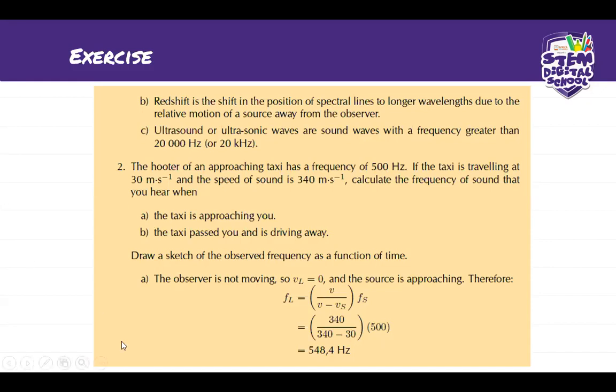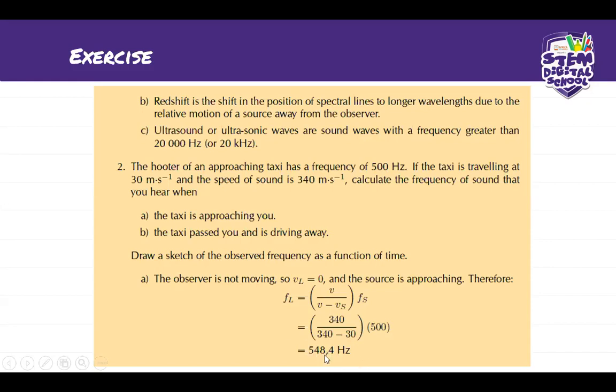And all of that will be multiplied by 500 because this is the frequency of the hooter. Okay, so basically, the frequency of sound that the listener will be hearing will be 548.4 hertz.